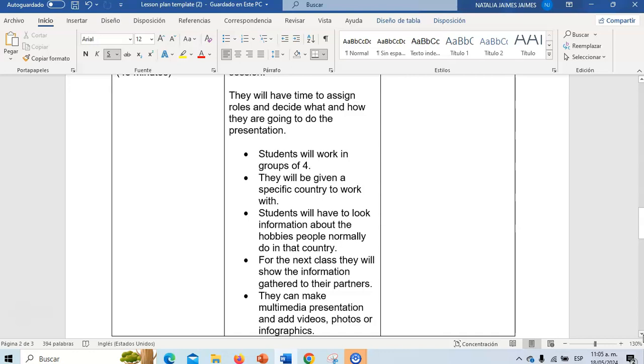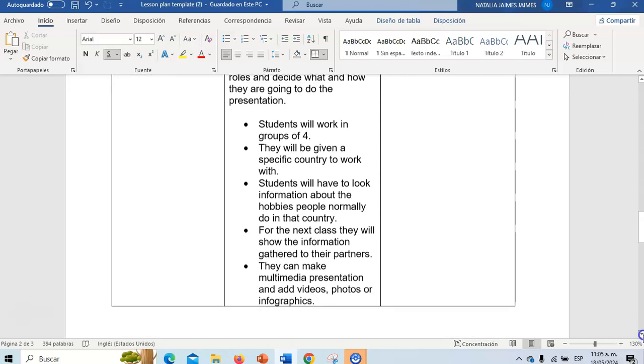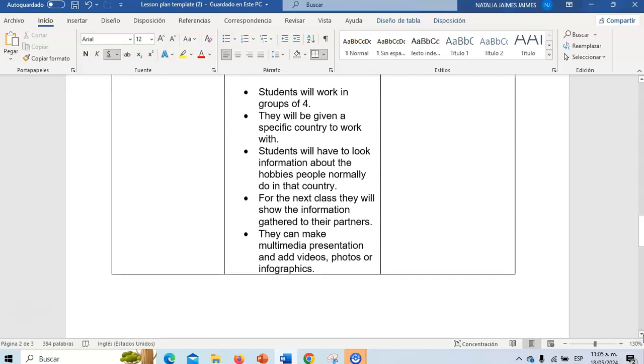They will have to do a kind of research in group, looking for specific photos, hobbies about that country, people who practice that hobby, and in general, characteristics, equipment, or the place where these people do this hobby.